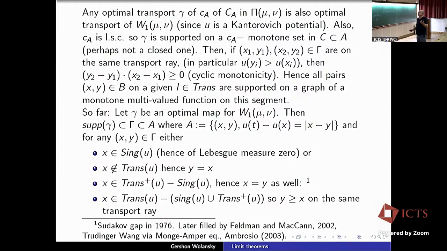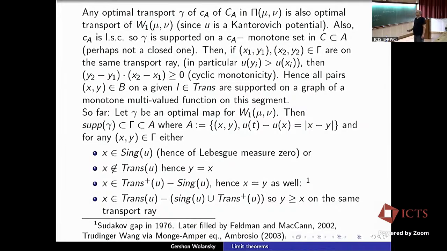And for c-concave functions, there are no such points. So any point which has Lipschitz constant 1 is sitting on a line of some size. So this set is really empty.